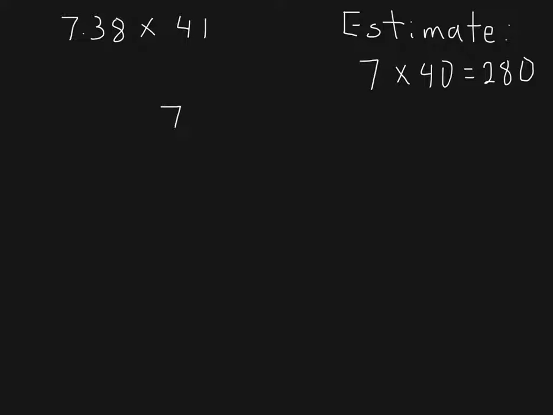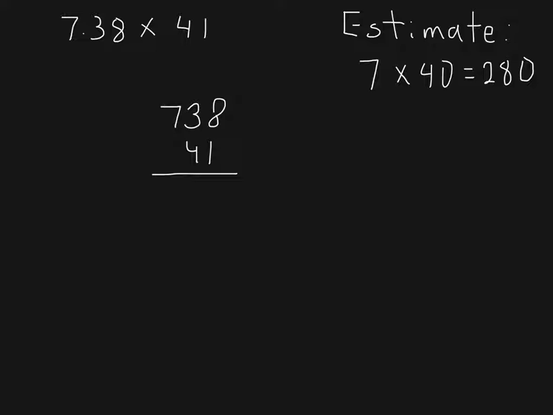Now I'm going to forget all about the decimal, and I'm just going to write 738 times 41. And this is, of course, 738 hundredths. And you can write the hundredths off to the side if it helps you. But I know that I'm going to use my estimate to help me place the decimal, so I won't bother doing that right now.